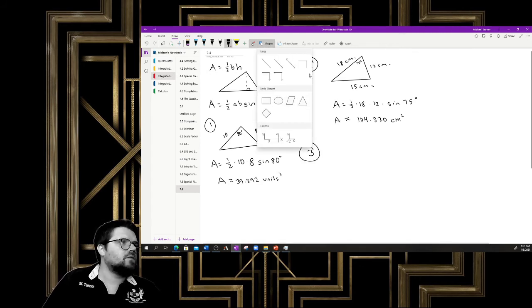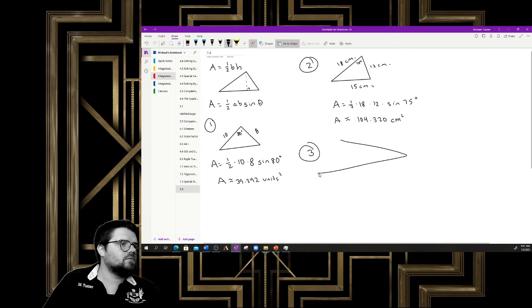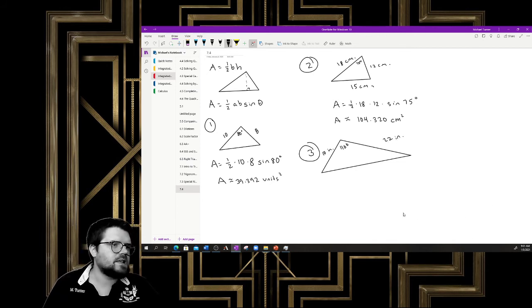Let's do one more. Let's say this is 110 degrees. I have side lengths of 10 inches and 22 inches. Again, not assuming that this is to scale. So my area is 1/2 times the two sides times the sine of that angle measurement.